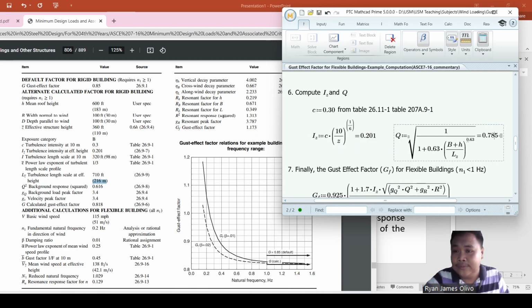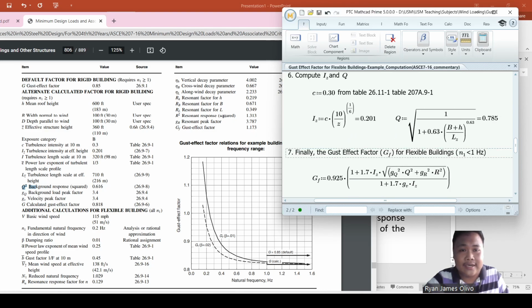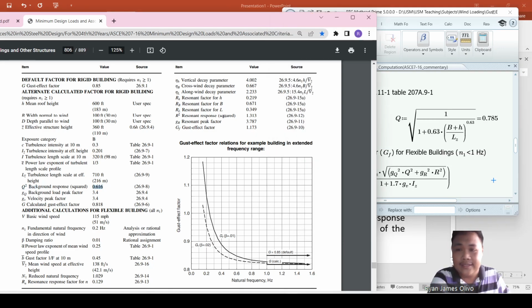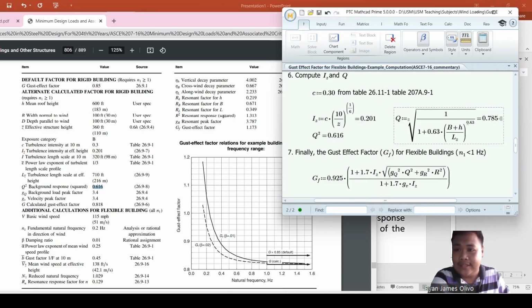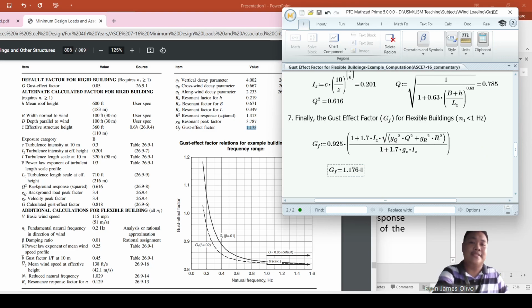Then there's no Q here, it's only Q squared. If you square this 0.785, Q squared is 0.616. It's correct. Finally, computing the gust effect factor, we have 1.176 against 1.173.